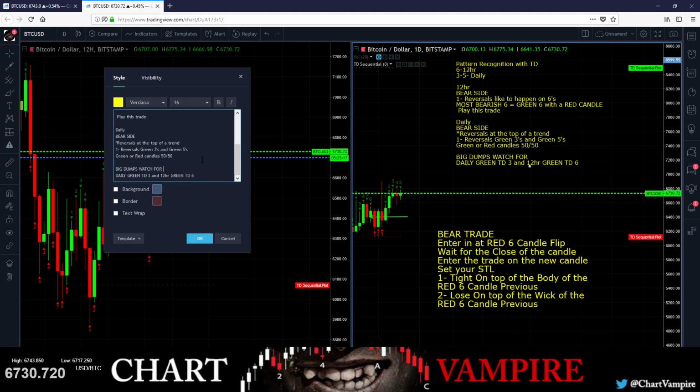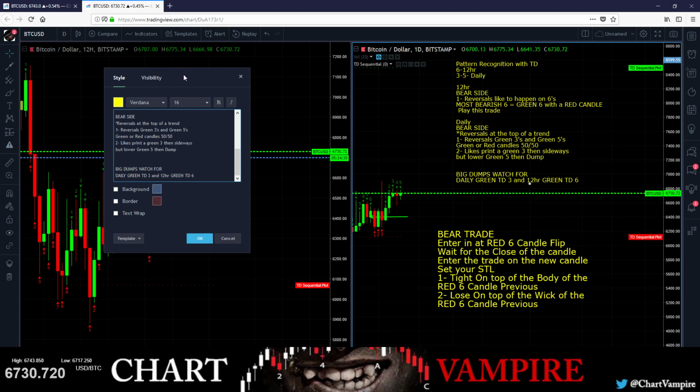So we should also say that on the bear side, number 2, it likes to print a green 3, then sideways, but lower, green 5, then dump. Okay, so we've seen that pattern play out a couple times.